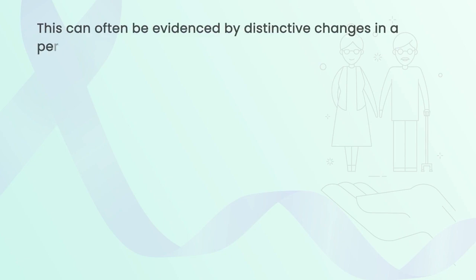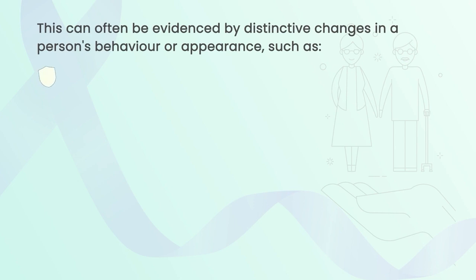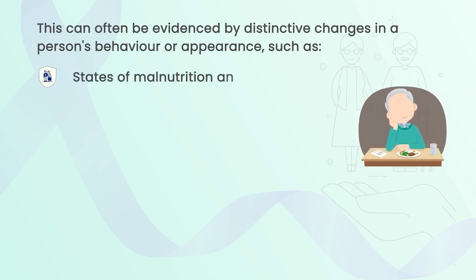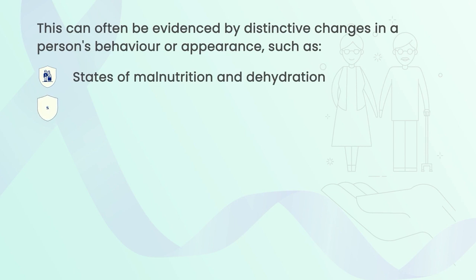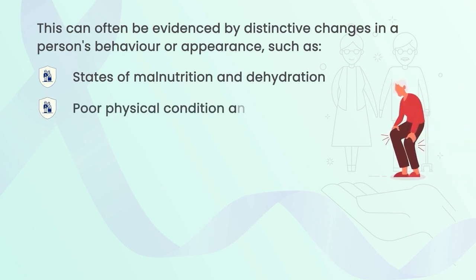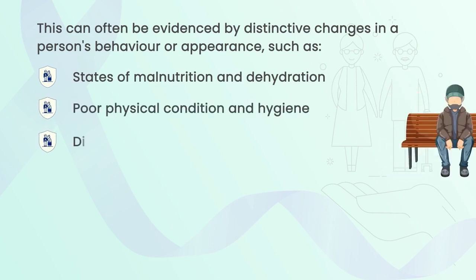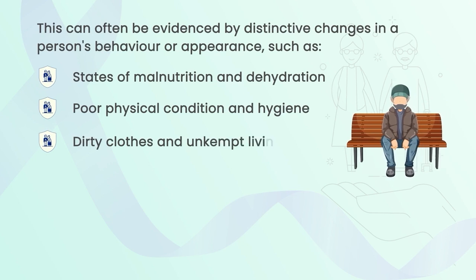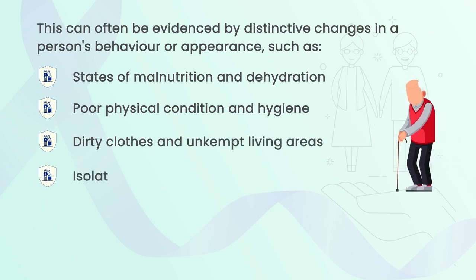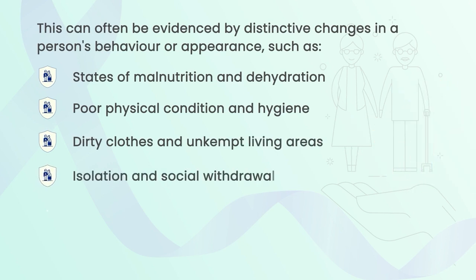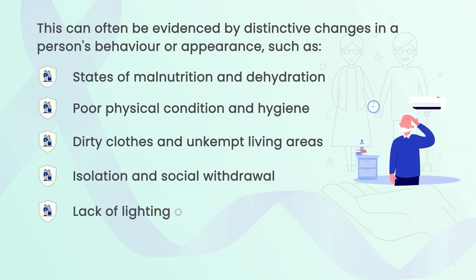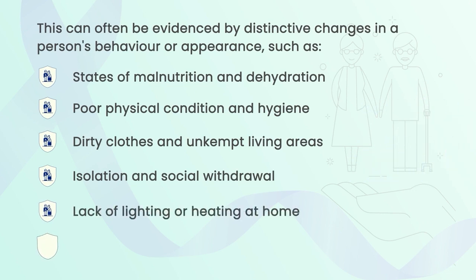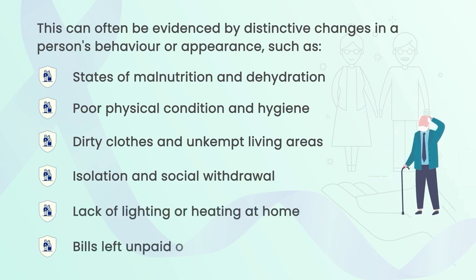This can often be evidenced by distinctive changes in a person's behaviour or appearance, such as states of malnutrition and dehydration, poor physical condition and hygiene, dirty clothes and unkempt living areas, isolation and social withdrawal, lack of lighting or heating at home, bills left unpaid or unattended.